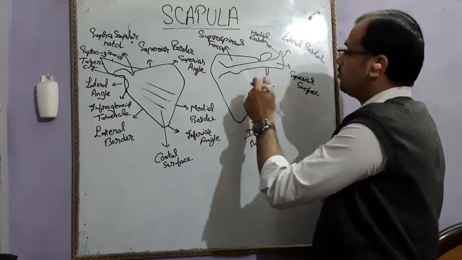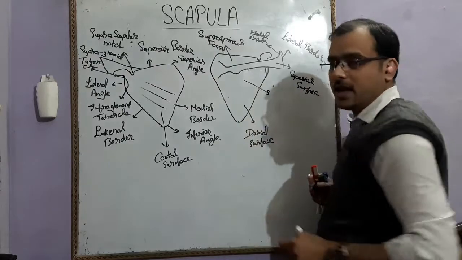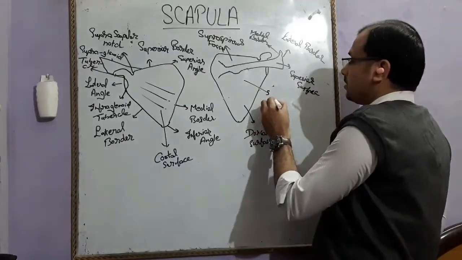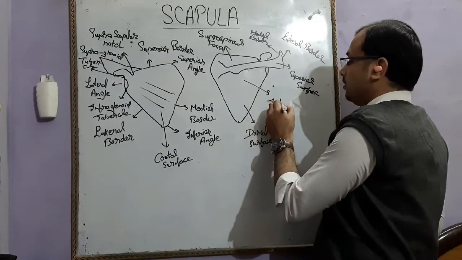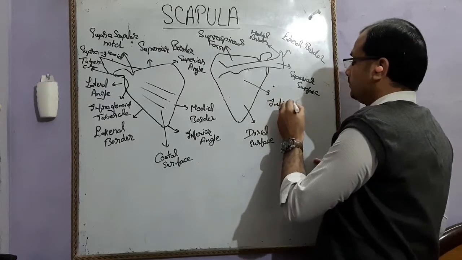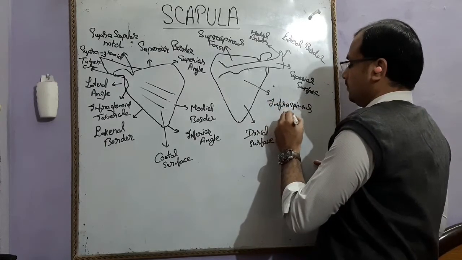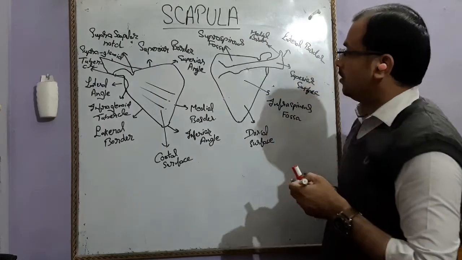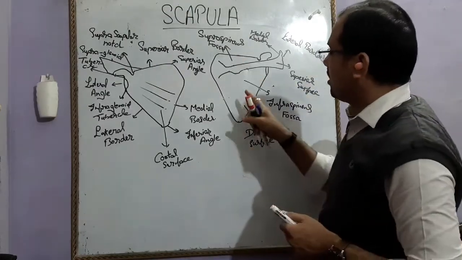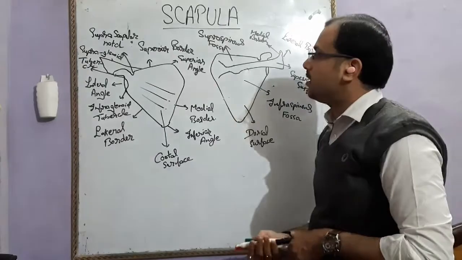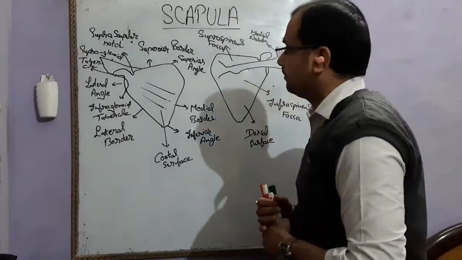And the lower larger portion is known as the infraspinous fossa. So this is the supraspinous fossa and this one is the infraspinous fossa.